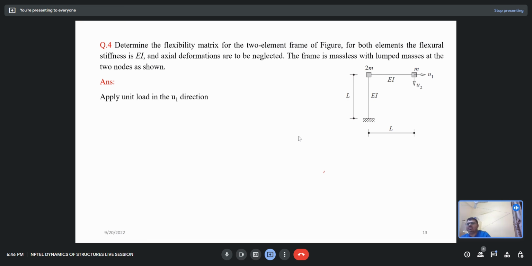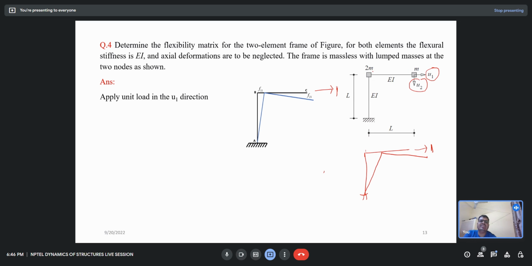For this, apply a unit load in the u1 direction. Let us say this is the u1 direction. If I apply a unit load in this direction, the beam is going to deflect this way. So this is my deflected diagram. I have to calculate the displacement at u1 and u2.